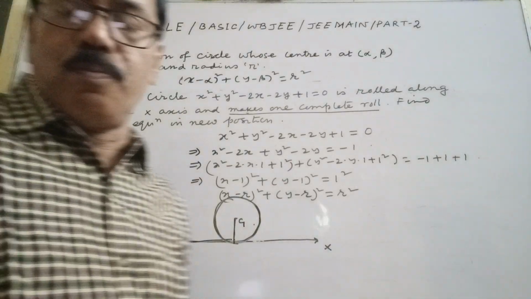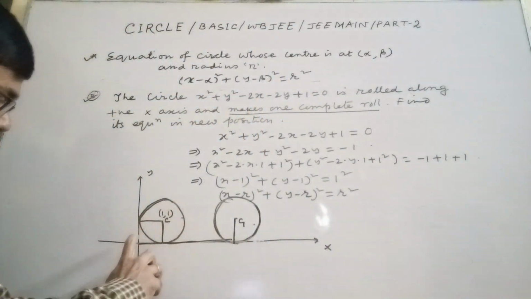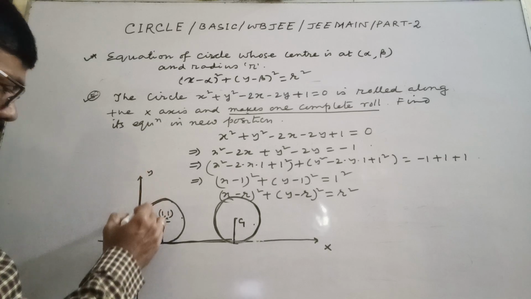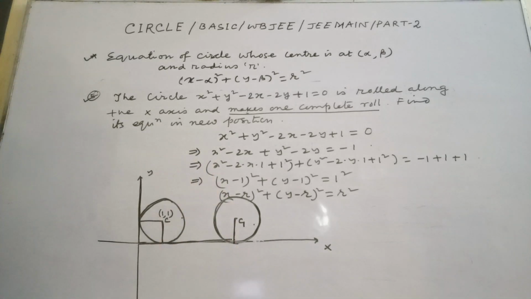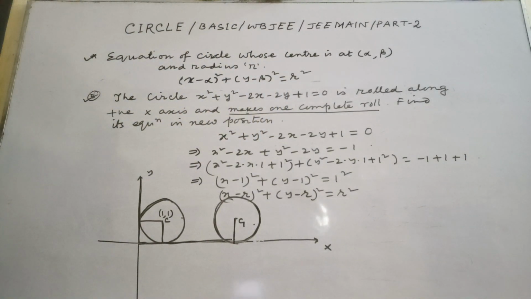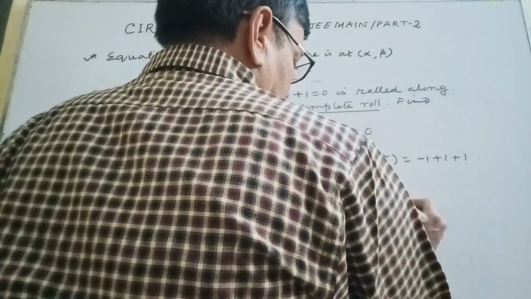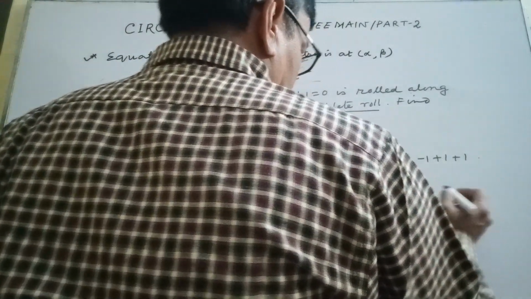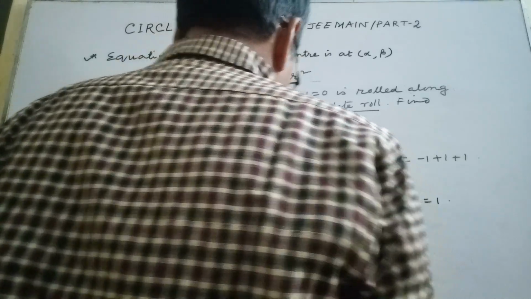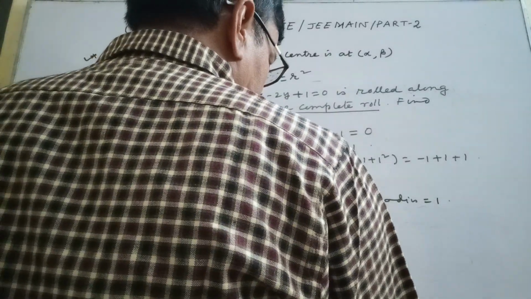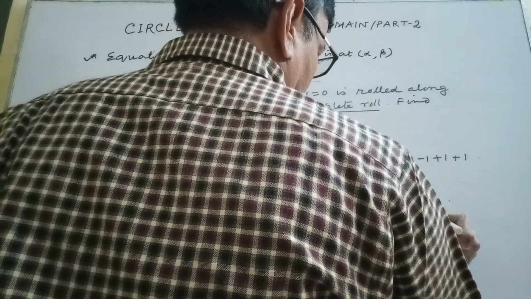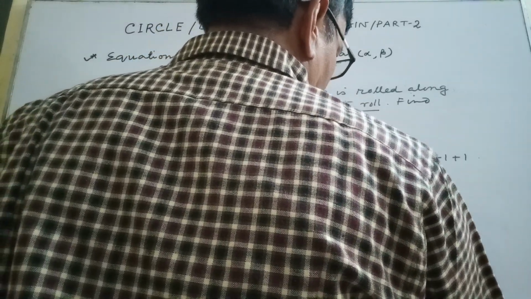So after one complete roll, it will travel the circumference of the circle. What is the radius? The radius equals 1. So the perimeter equals 2 pi r, that is 2 pi.